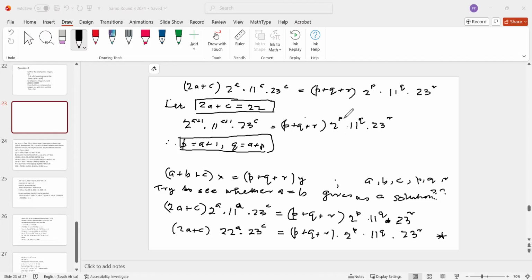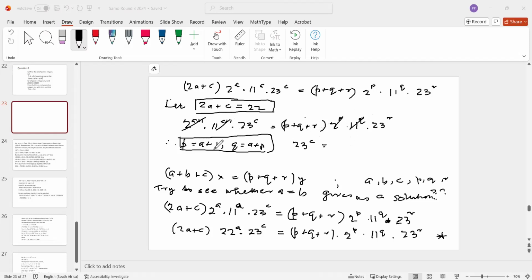So now p is a plus 1, right? So we can cancel. We've got 23 to the power of c. I'm taking out 2 to the a plus 1. And p is a plus 1, q is a plus 1. Taking that out, this is equal to p plus q plus r.